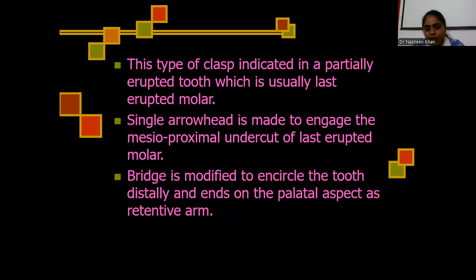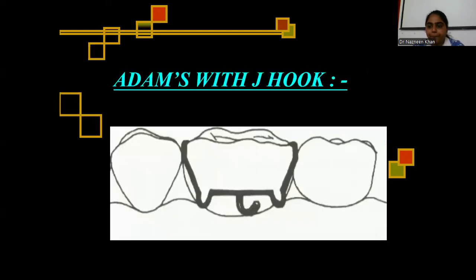The single arrowhead is made to engage the mesioproximal undercuts of the last erupted molar, mostly the second molar. The bridge is modified to encircle the tooth distally and end on the palatal aspect of the retentive arm.